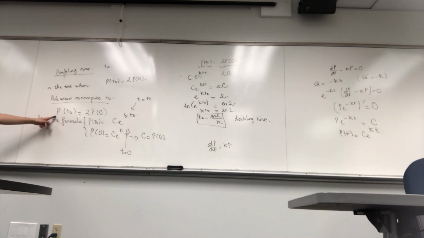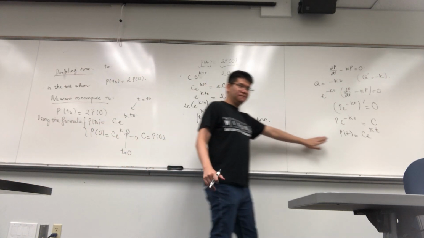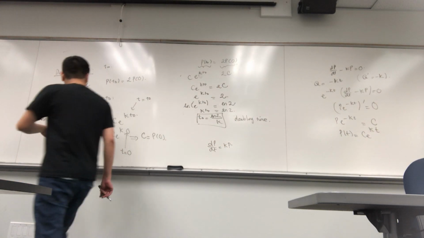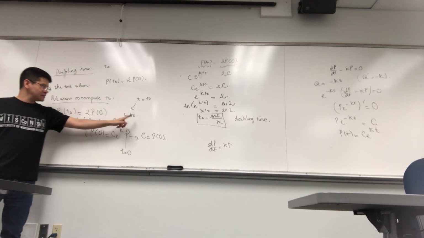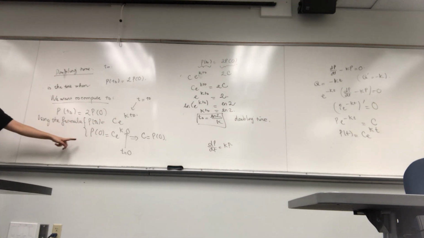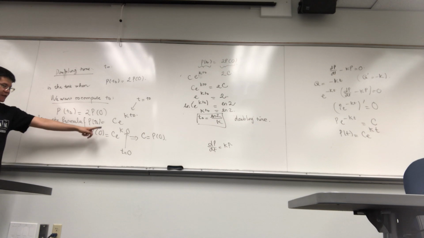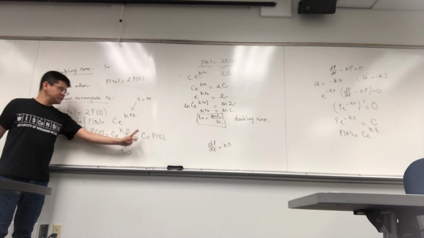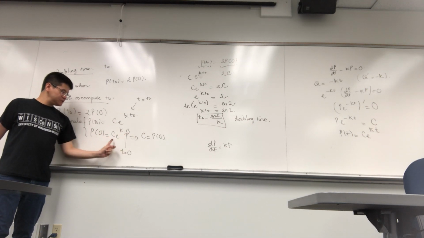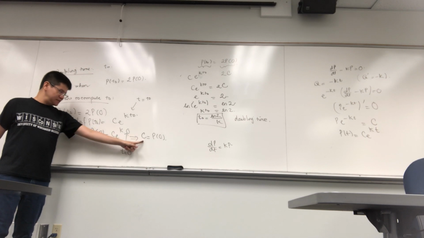Now I want to solve this equation: P(t0) is 2 times P0. I'm going to use the formula that I found here. P(t0) will be c times e^(kt0). P(0) will be c times e^(k0), but k0 is 0, so this is 1. I get c.